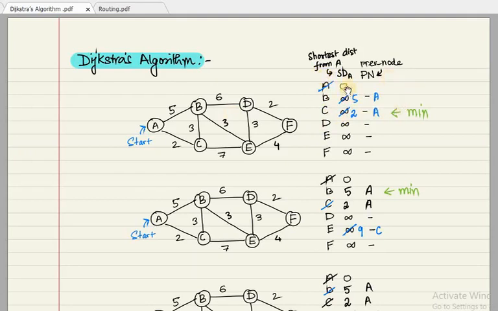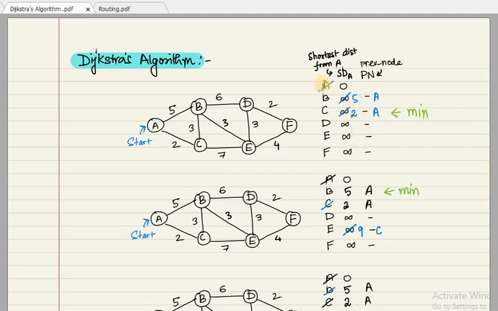So now after we have obtained everything, we will finally have certain values updated. So we have 0, 5, 2, infinity, infinity, infinity. Now among them you have to discard the first record, and then take the rest of them, 5, 2, infinity, infinity, infinity, and take the minimum of them. Why?